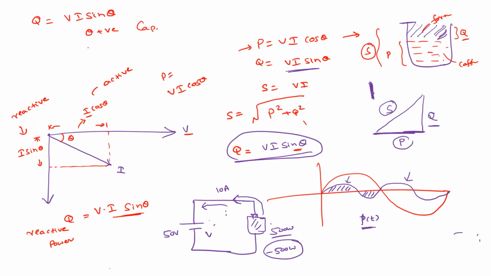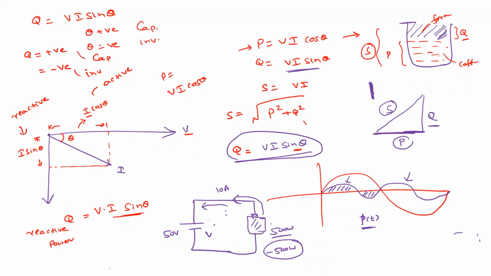Theta negative is for inductive circuits, right? So now tell me, sine of minus theta is minus sine theta, while cos of minus theta is the same as cos theta. So when will Q be positive and when negative? Positive for capacitive loads and negative for inductive loads.